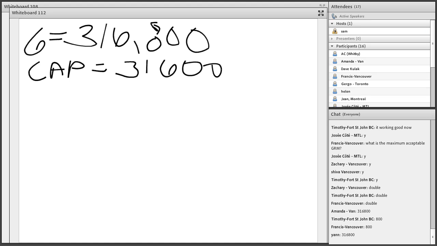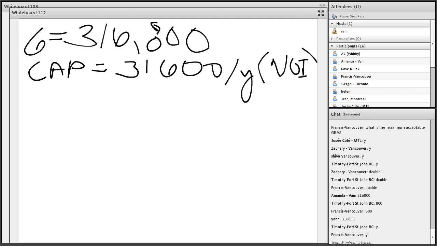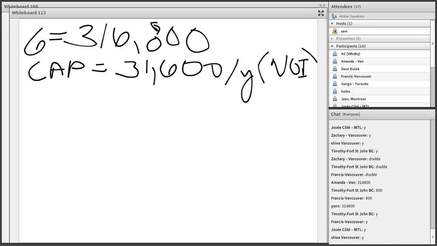If it's 316.8, that would mean that the cap rate on this property is going to give us 31,600 per year as a net operating income. So everybody got that? Everybody understand how I got that?